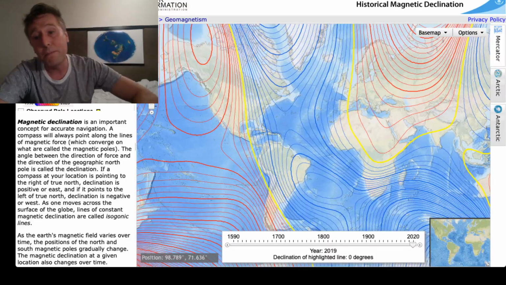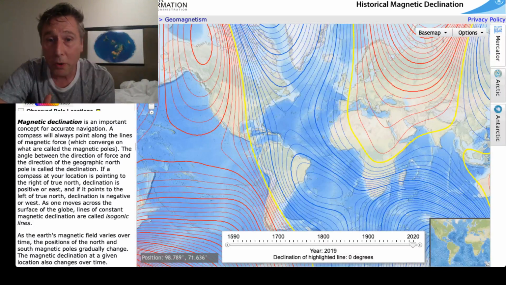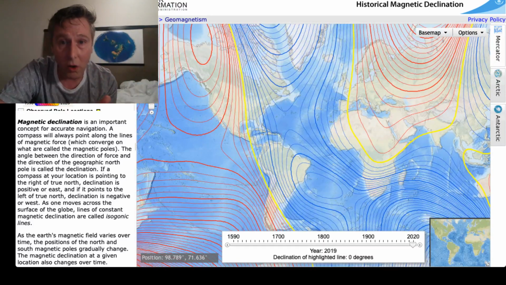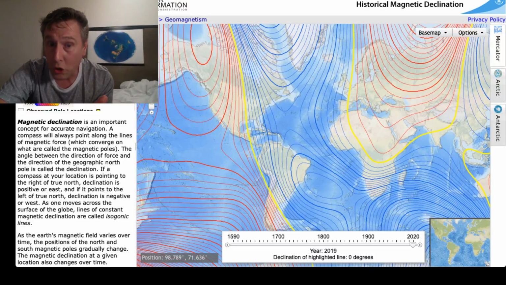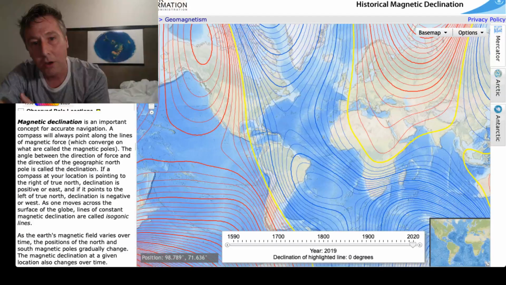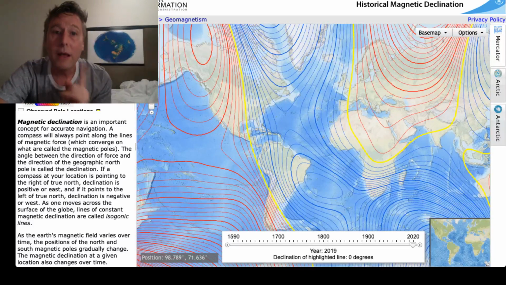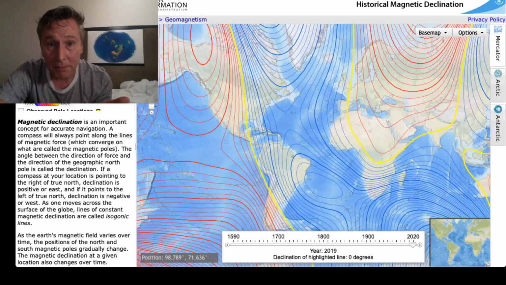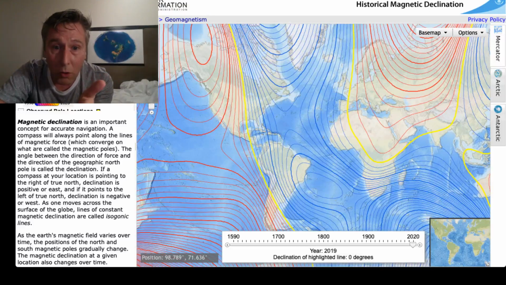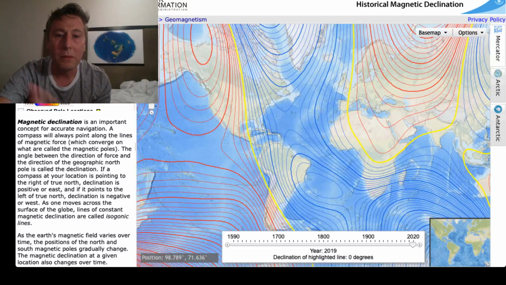Declinations mean your compass is going to point either east of true north or west of true north. There's this place that goes through Mexico, through Chichen Itza, through Quito, through Buenos Aires, where it's 0 declination. That means your compass points to true north.